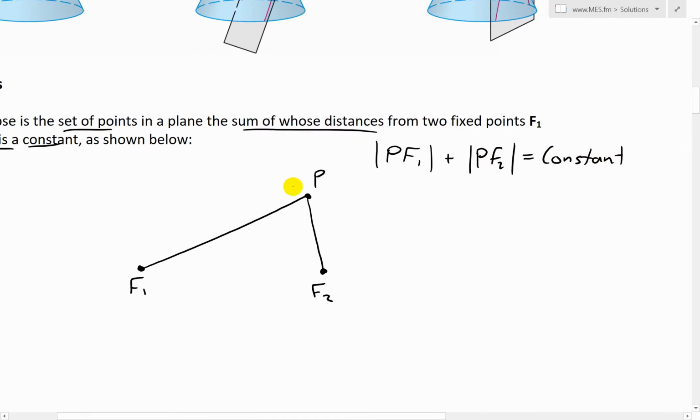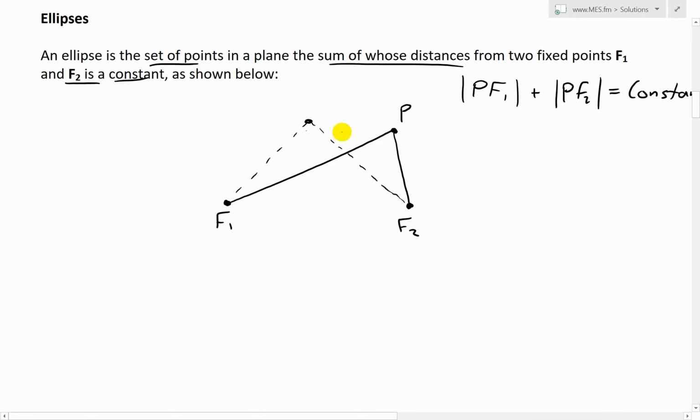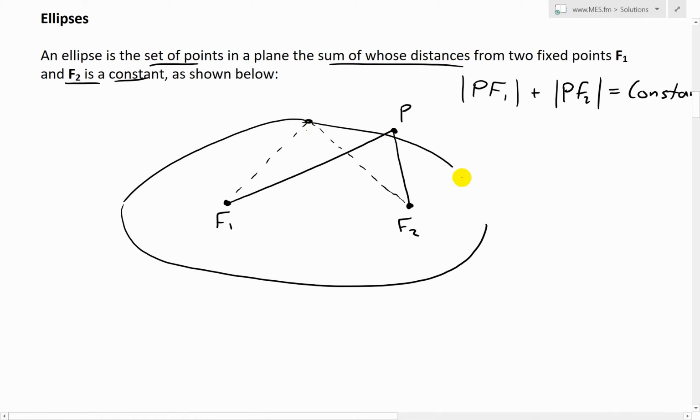If the point was somewhere else, over here, then this dashed line needs to be evened out. If this line is longer, then this one needs to be shorter. If you keep doing this, what we end up getting is a shape that looks like our typical ellipse shape all the way around.